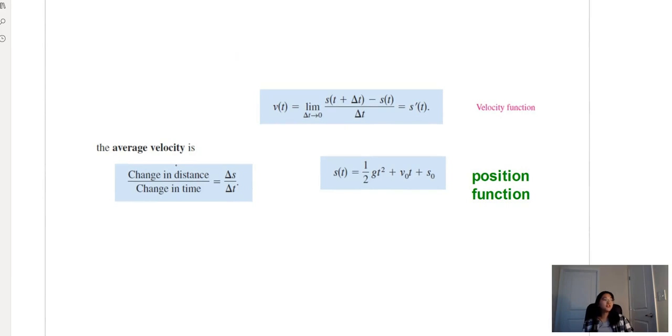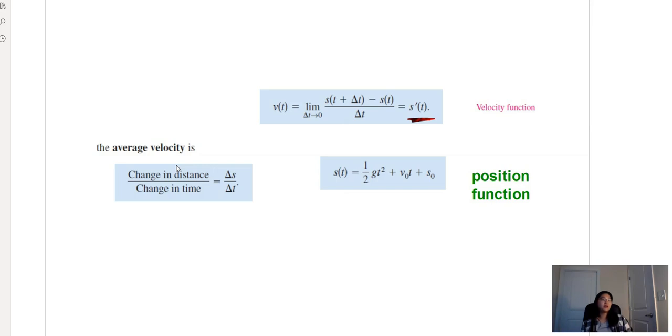So average velocity is looking at the change in the distance divided by the change in the time. If you are looking at velocity at a particular time, like an instantaneous rate of change, then you're going to be looking at a derivative. So average velocity is just a slope, but the instantaneous rate of change, or the velocity, is the derivative of position.